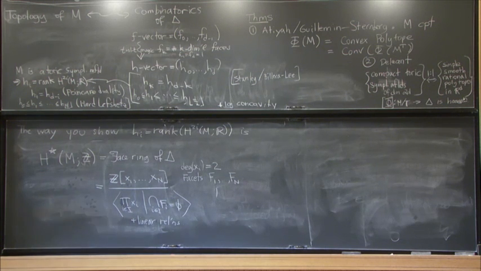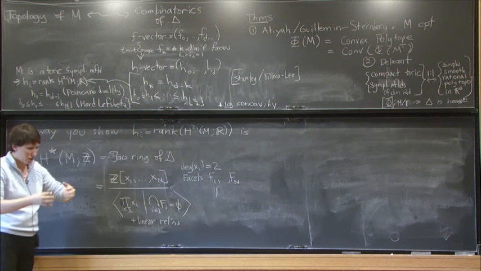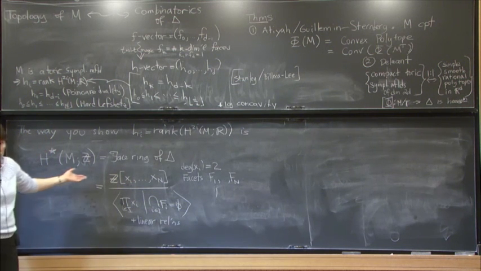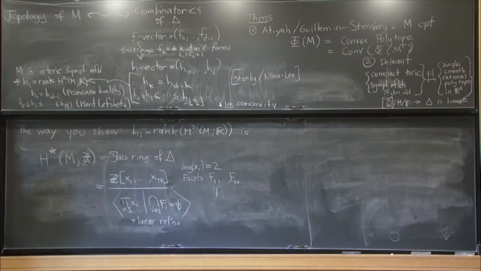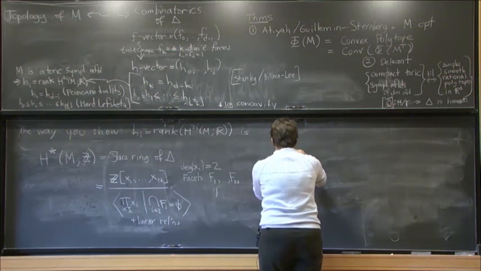So basically this is saying I have a cohomology class for every face of the polytope, namely the monomial corresponding to those non-empty intersecting facets. And then there are some pesky linear relations. It's actually easier to work with the ring without the linear relations, and that turns out to have a topological interpretation as well.